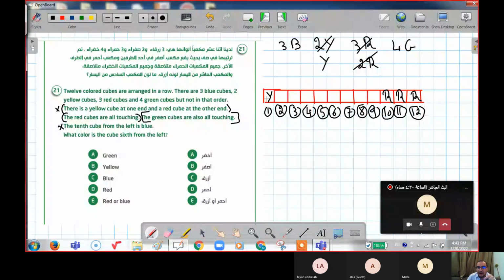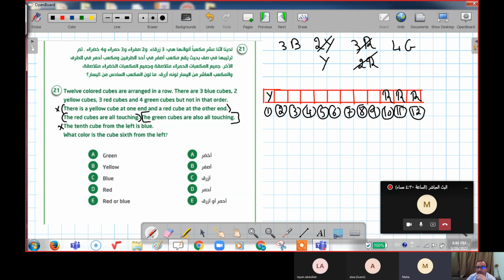This is 10. Is what, Maha? Is blue. But here I have a red cube. So I must switch the 2 boundaries. Boundary means extremity. Okay? So I must write 3 red from the left, and the final cube here must be yellow.